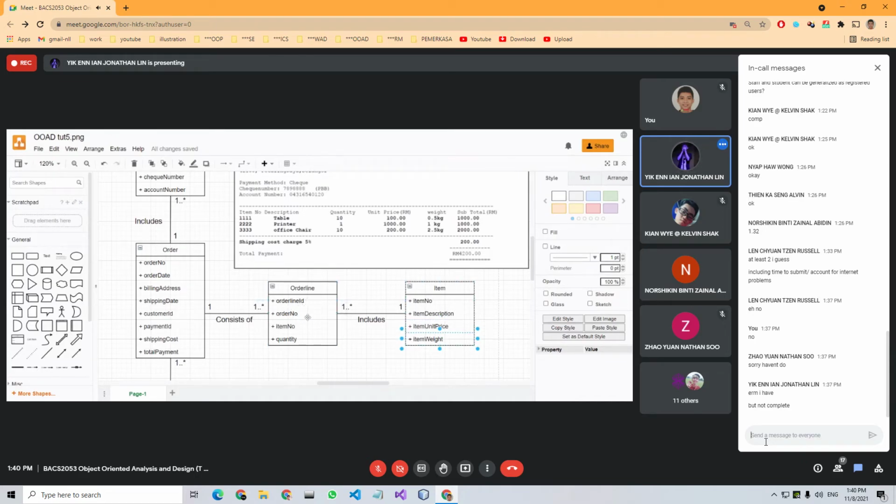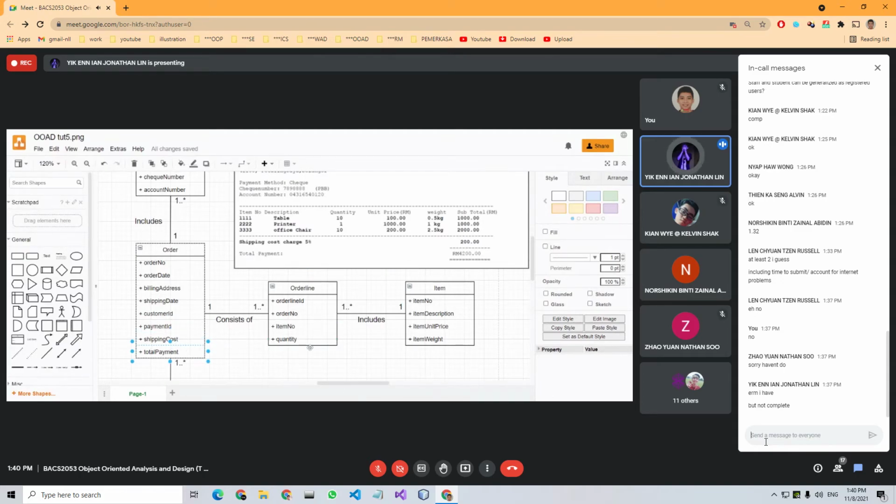It links with the order number, and then there's an order item number for selecting which item, and a quantity field here. So all these three will link together. And then there's a shipment cost and total payment at the end.